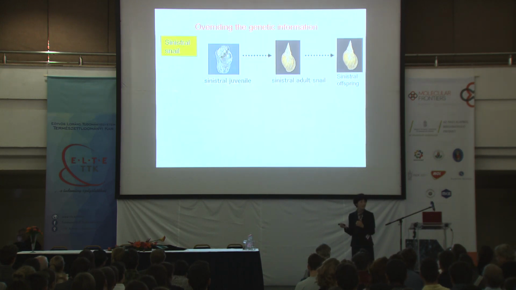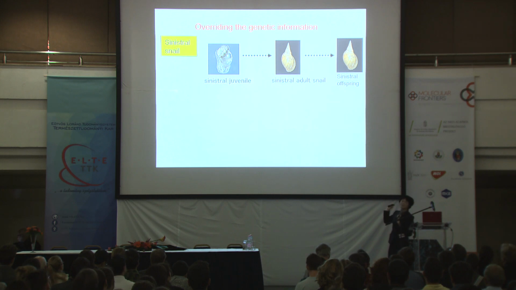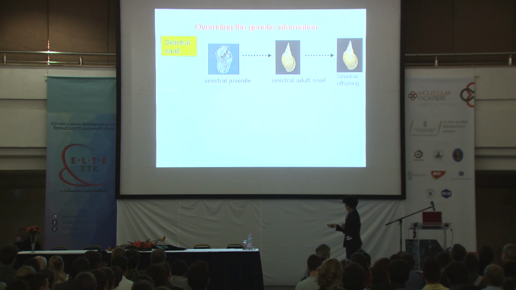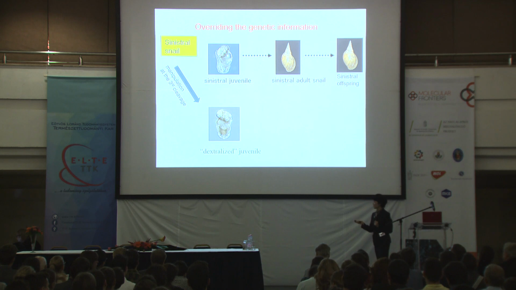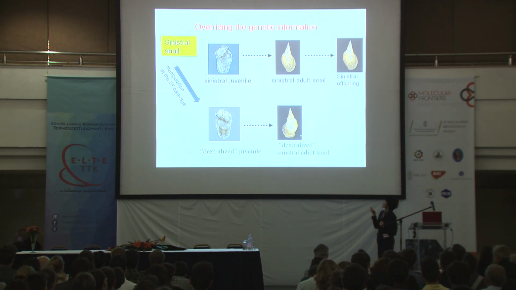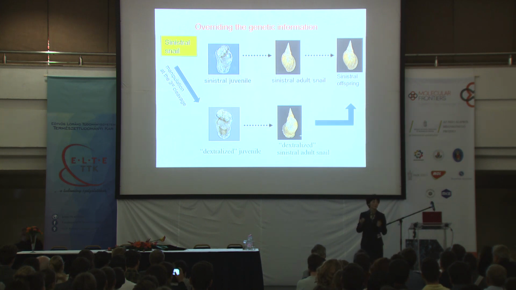Then what happened in the next generation? This is the ordinary one, sinister juvenile, sinister adult, and it produces sinister offspring, because it's dictated by the gene in the chromosome. Now, what happens if you manipulate it at the third cleavage stage? You get the dexterized juvenile snail, the dexterized sinister snail that is a complete mirror image shape, but the offspring reverts to sinister because we didn't do anything to the gene.